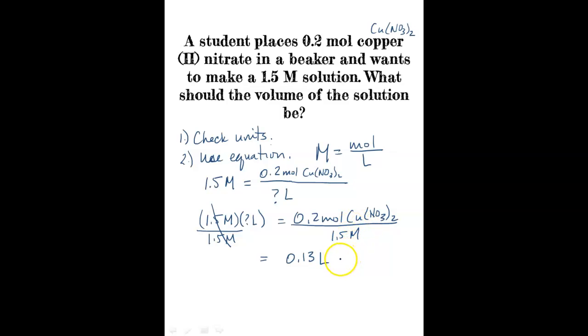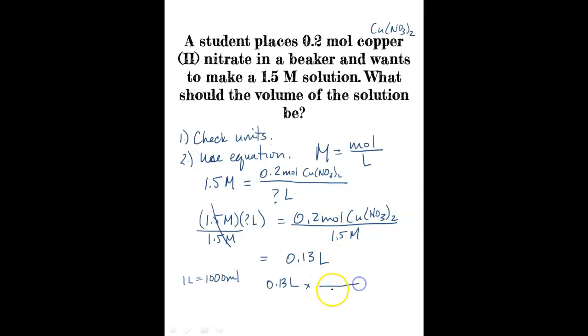But let's say, for example, 0.13 liters is always a struggle to measure in a lab. Perhaps I want to have it in milliliters. What I can do is I convert that into milliliters. So I take 0.13 liters. I use my conversion factor. Remember, 1 liter equals 1,000 milliliters.